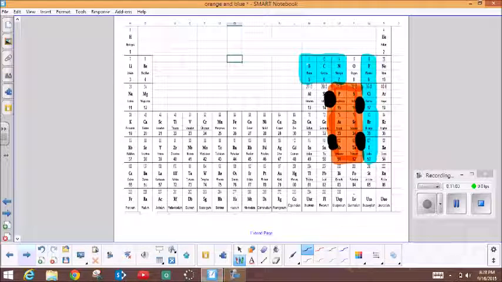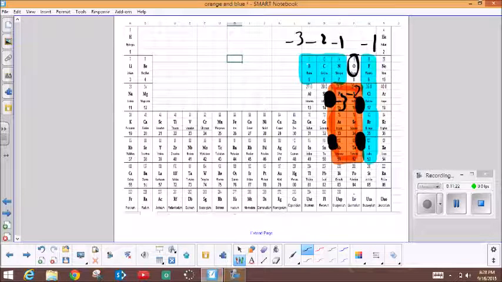So I've got my bus and my loop, and I remember that the charges on everything on the bus loop is a -1. These guys are a -2. These guys are a -3. And then I remember that this is O for 0, and the charges here are -1, -2, -3.